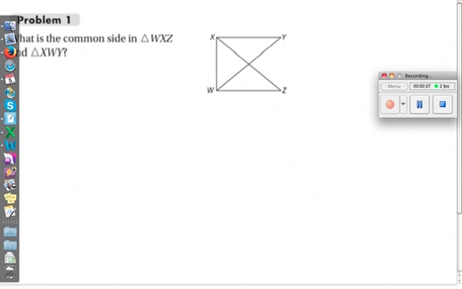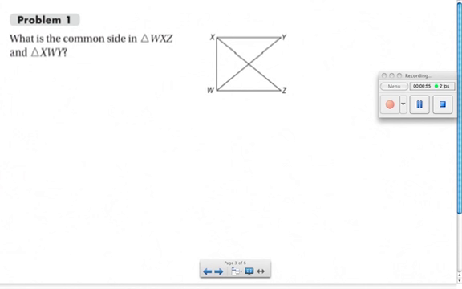How many letters does it take to name a segment? Two. Whereas if I'm naming an angle, a lot of times I can get away with naming an angle using just one letter. Now, think about why I'm bringing that up.